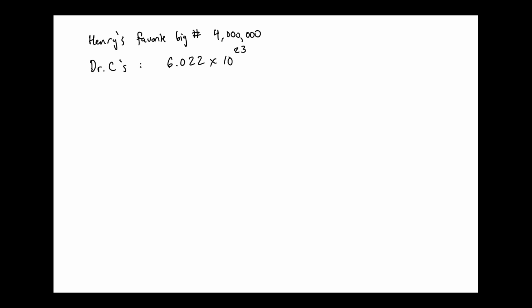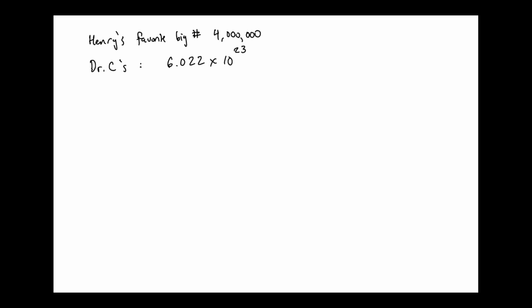Now, normally this would be the setup for a good Yo Mama joke, right? What's your favorite really, really big number? Well, the mass of your mama in kilograms. But anyway, let's just take a big number like 6.022 times 10 to the 23rd.